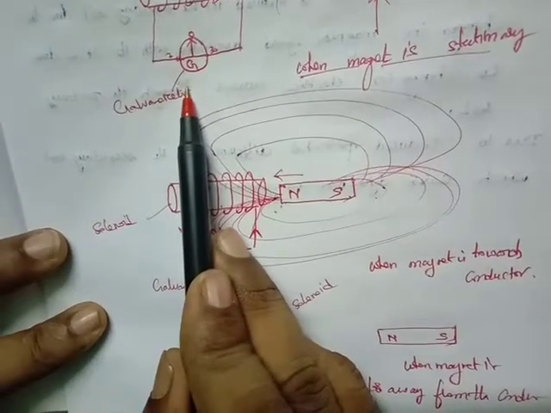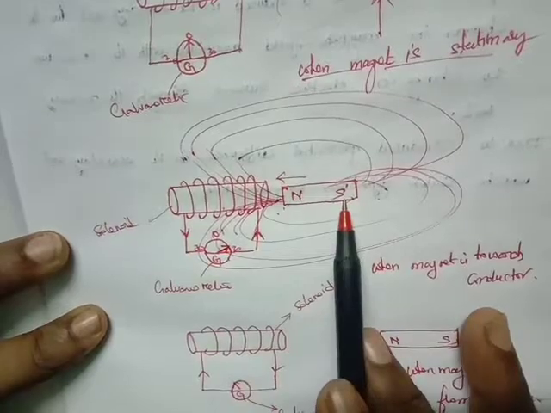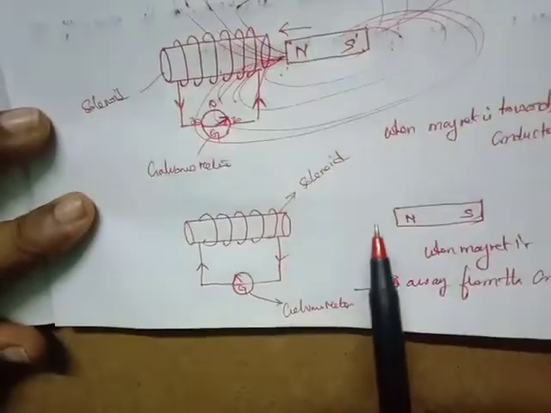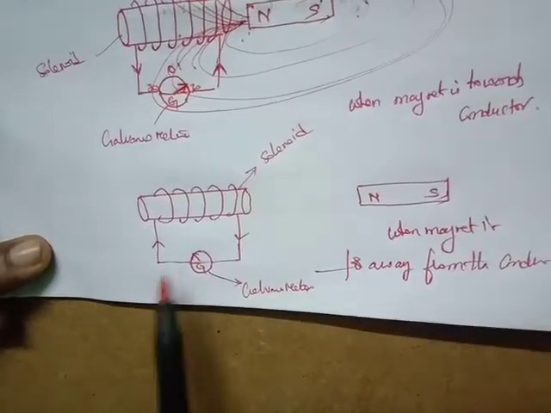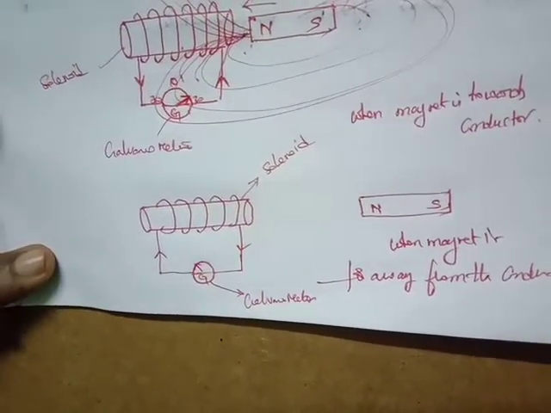Then in the last case, when the magnet moves away from the solenoid, the direction of the current is reversed.